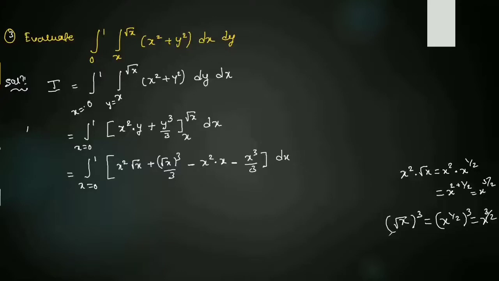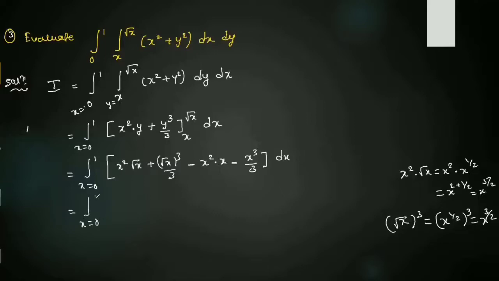Because root x means x to the power 1 by 2, again the power is there, so 3 by 2. It is x cube and it is x cube by 3. Correct?